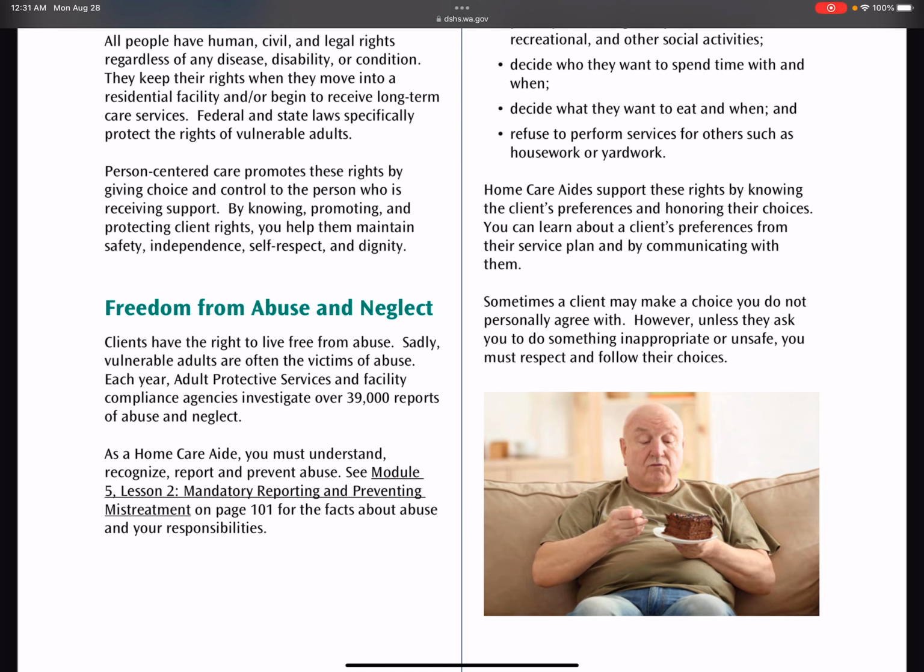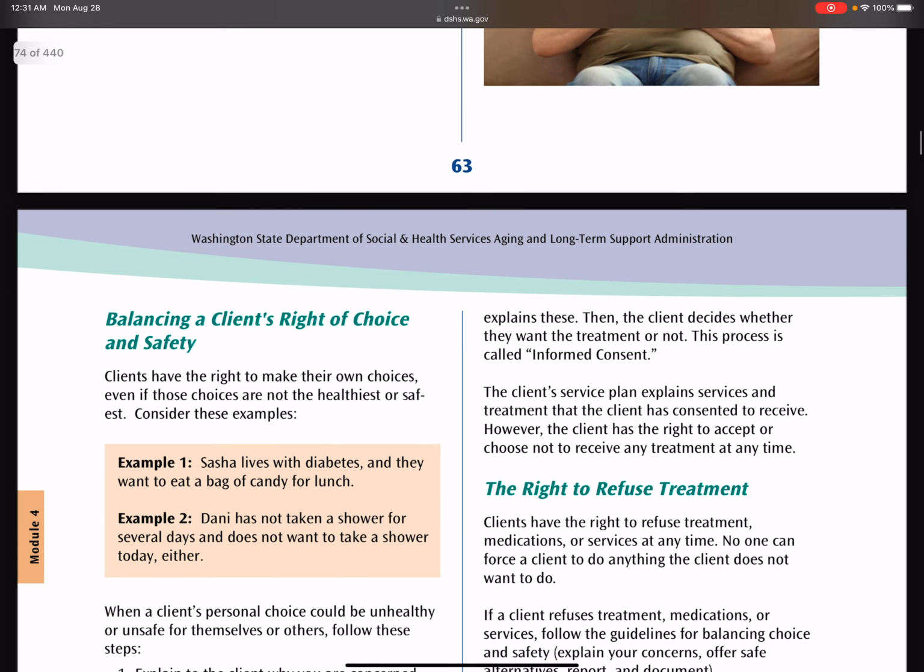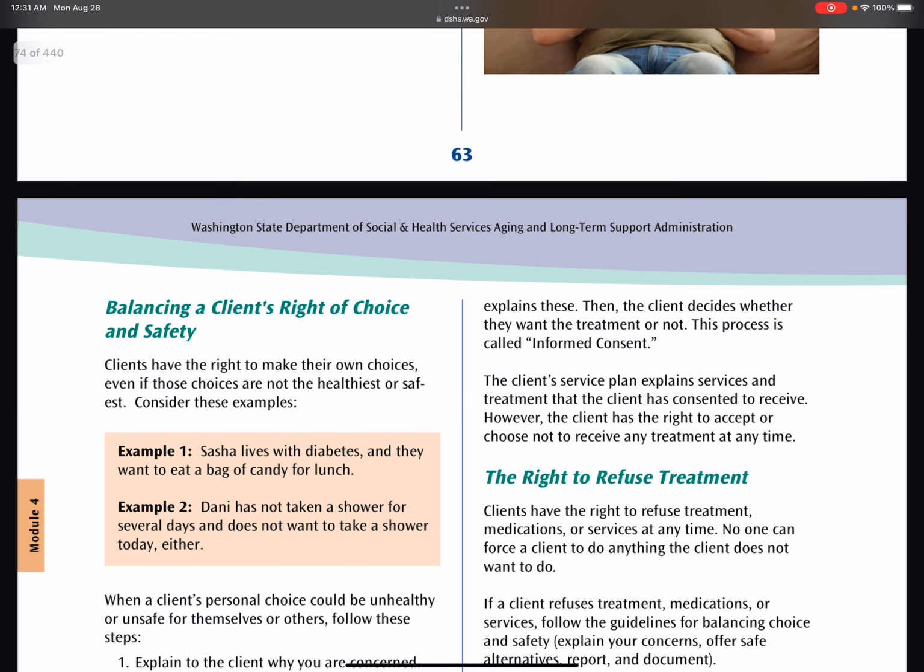All clients have the balance. So balancing a client's right of choice and safety is our responsibility. Clients have the right to make their own choices, even if those choices are not healthiest or safest. When a client's choice could be unhealthy or unsafe for themselves or others, we have to follow some steps.